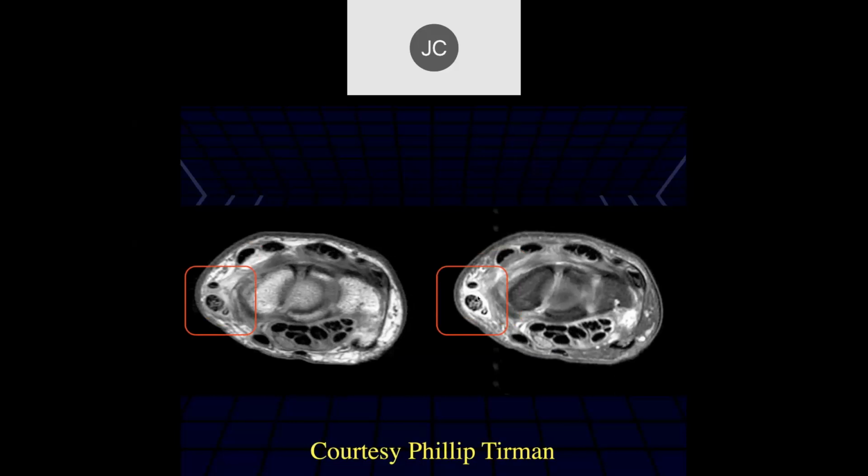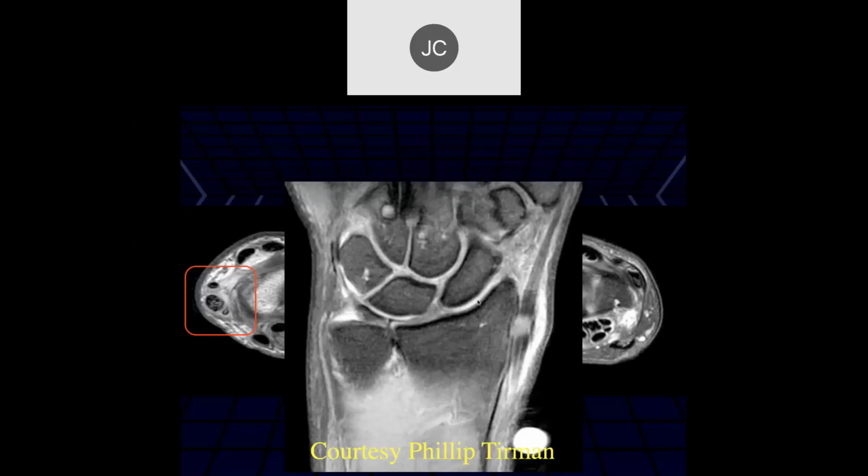And here we can see more extensive tendinopathy of one tendon, and we actually see three different structures, as is common coming out of the first extensor compartment, with a lot of surrounding fluid. Again, typical of de Quervain's syndrome.